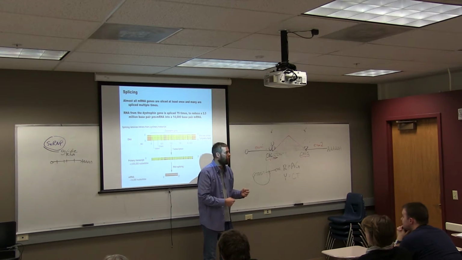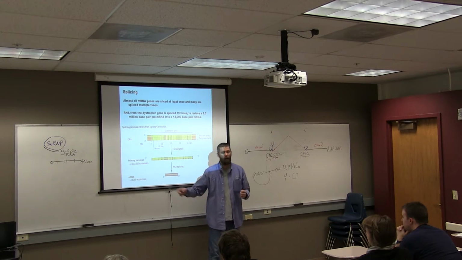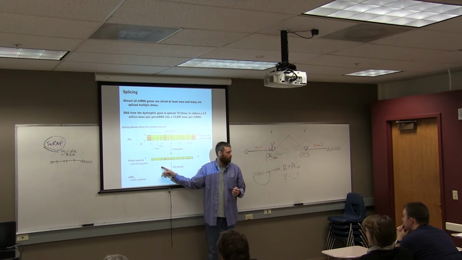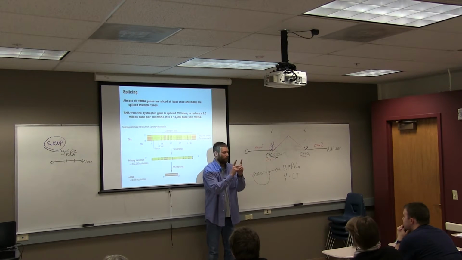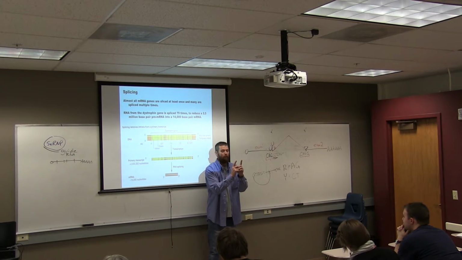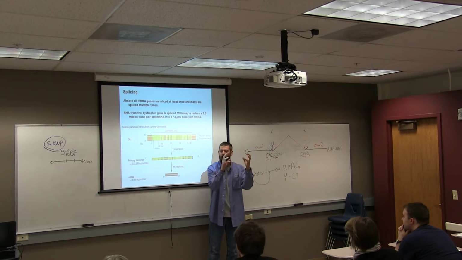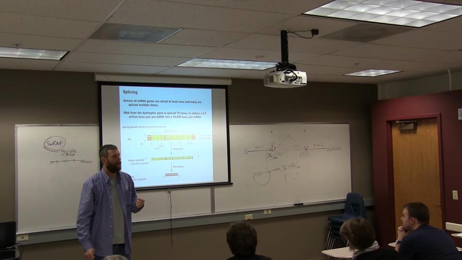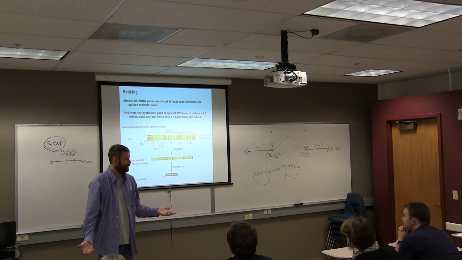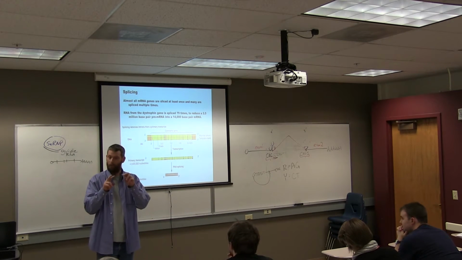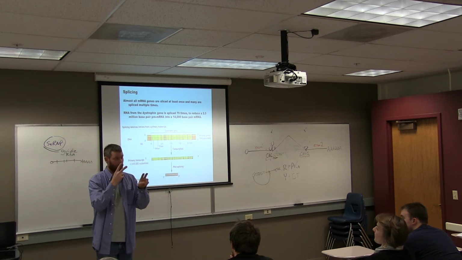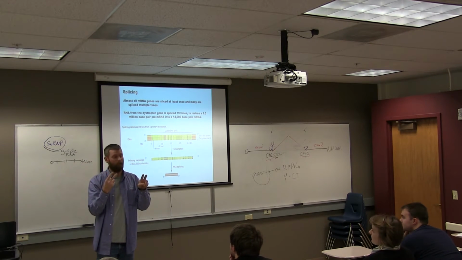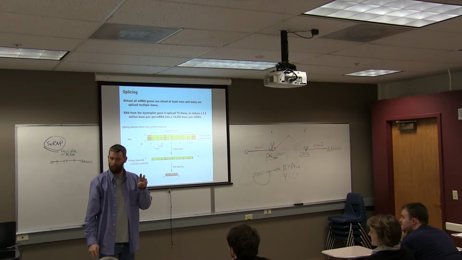It takes 24 hours to transcribe the pre-RNA for this gene. And then the gene is spliced down to 14,000 base pairs. 2.5 million base pairs get cut out and thrown away. That's 2.5 million ATP molecules of value. More than that, because remember it's a pyrophosphate that comes off, so it's 2.5 million ATPs times 2. So you have to put both of those phosphates back on.